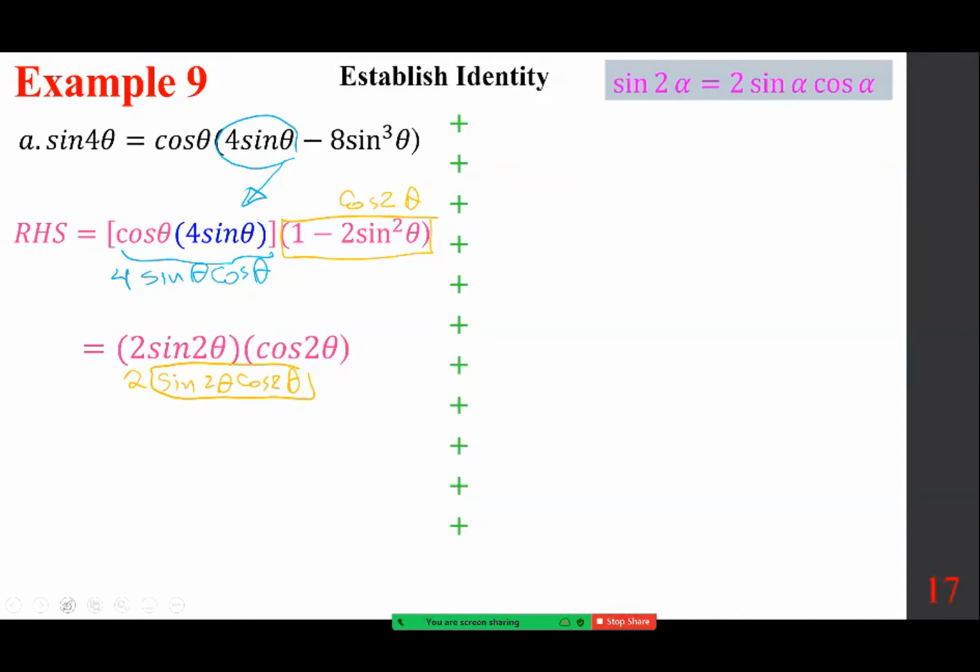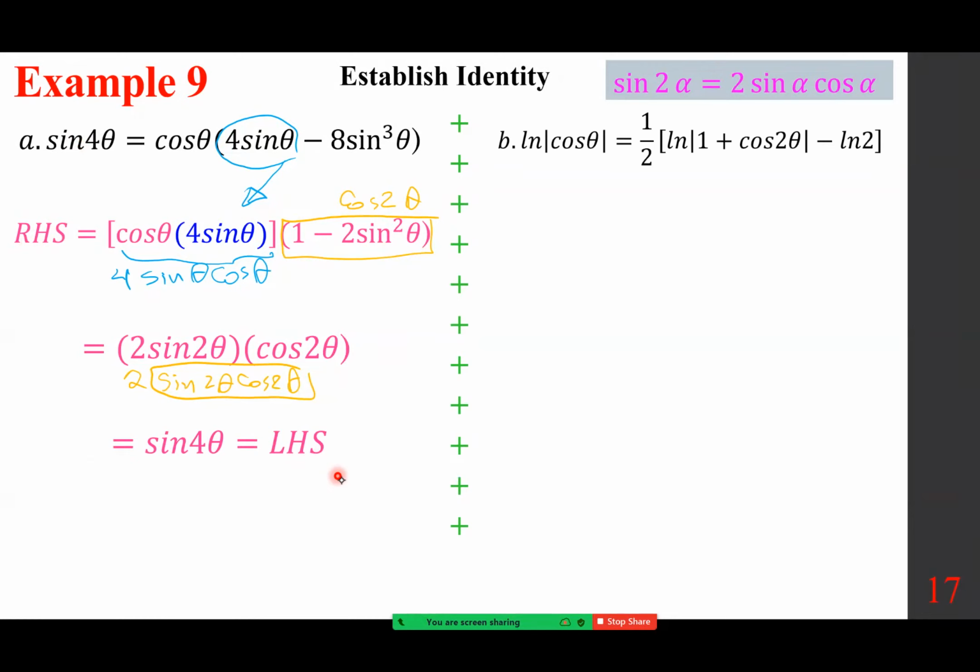And if you compare this to this, imagine this is alpha, then this would be sine of 2 alpha. So sine of 2 times 2 theta, which makes it sine of 4 theta, which is the left-hand side. Right-hand side, left-hand side.